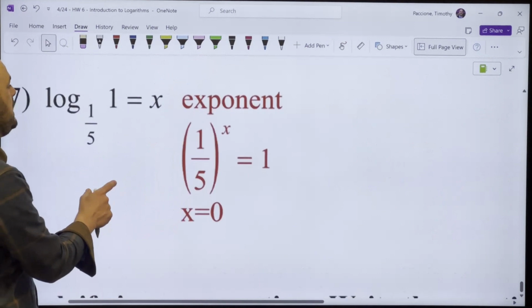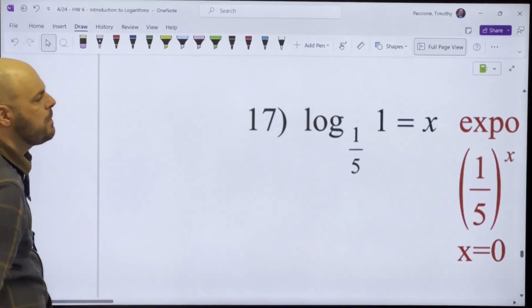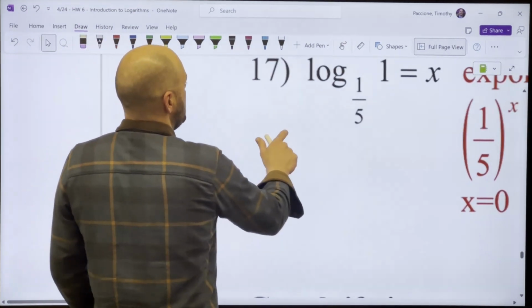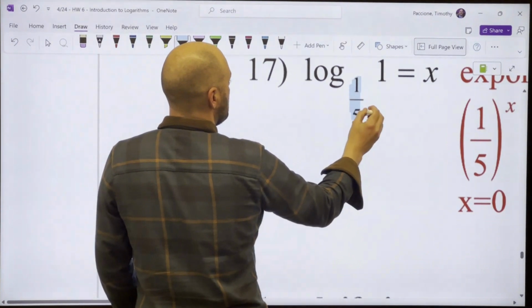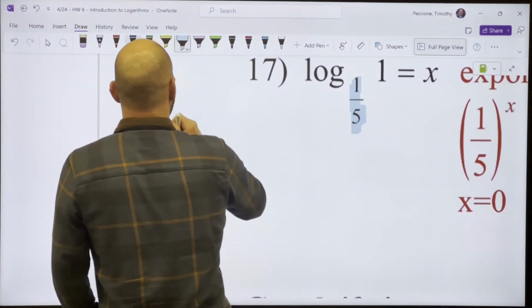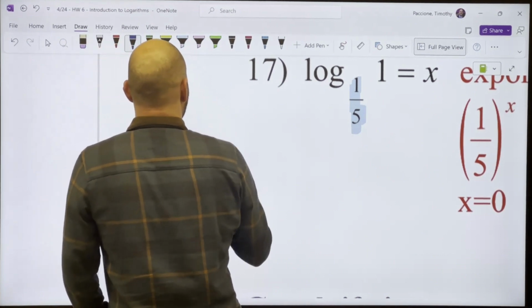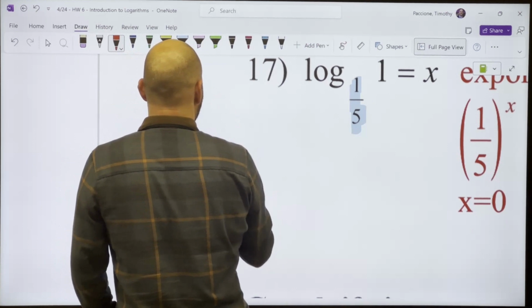Okay, so 17. Here, let's get the answer off the screen as much as we can. If I was doing this, I'm like, okay, here's my log. This is my base. So 1/5 is my base.